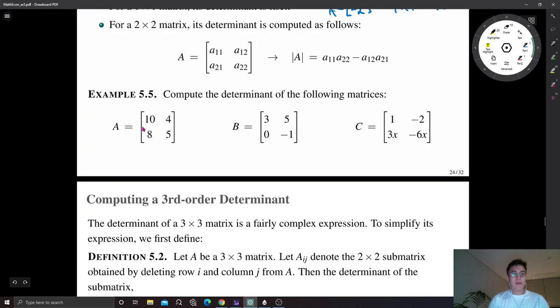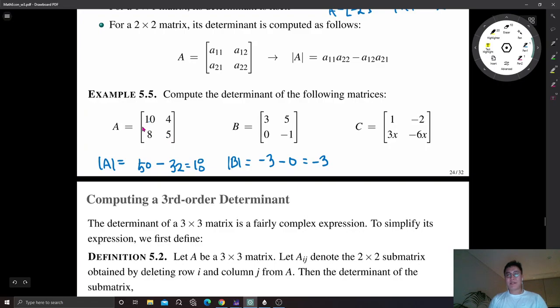So the determinant of A is going to be 10 times 5, which is 50, minus the product of the off-diagonals, 32, which gives 18. The determinant of matrix B is negative 3 minus 5 times 0, that is negative 3, so it has a negative value.